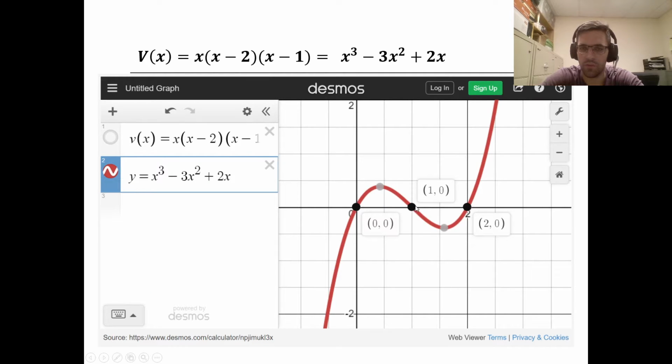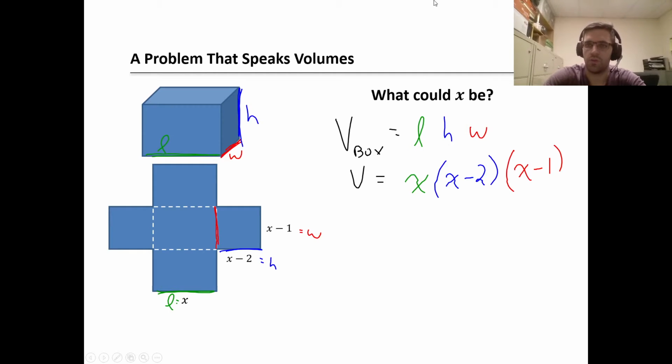And now for our box, for this context to make sense, we've got to cut this graph down. So in light of those zeros, what is the smallest number that x actually could be?